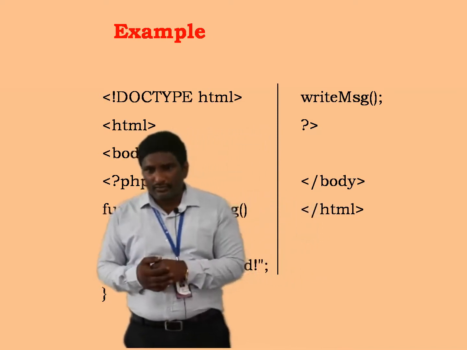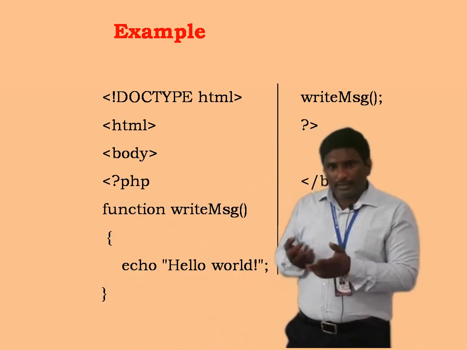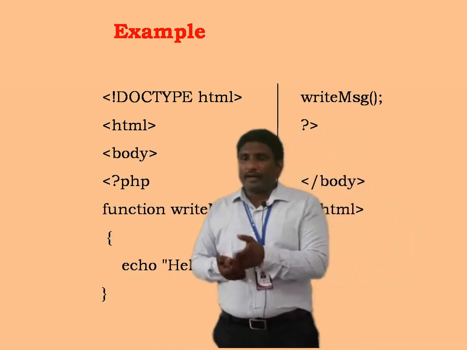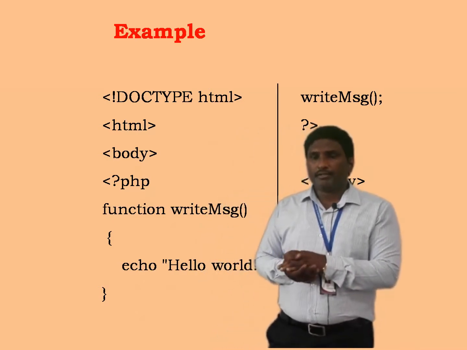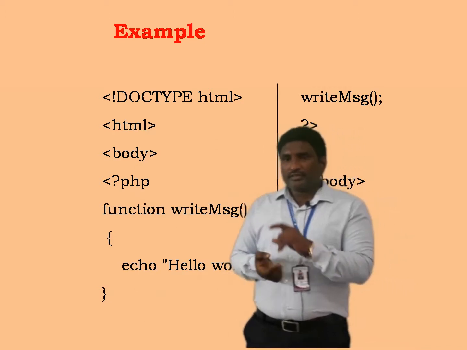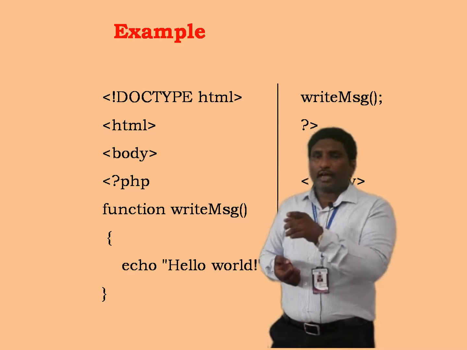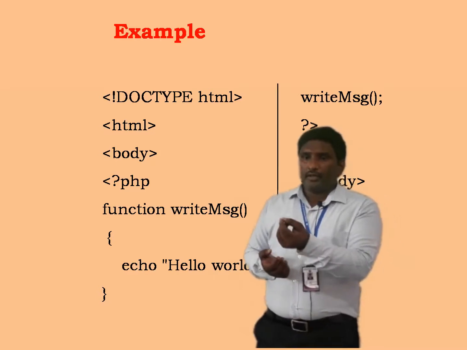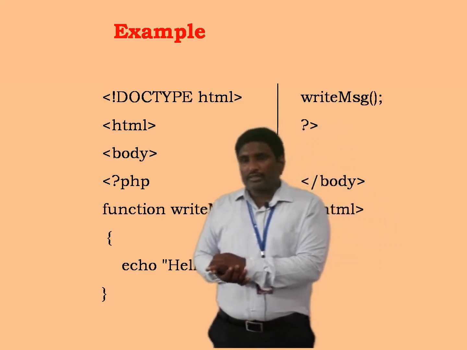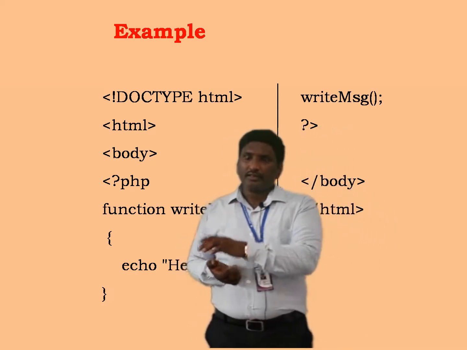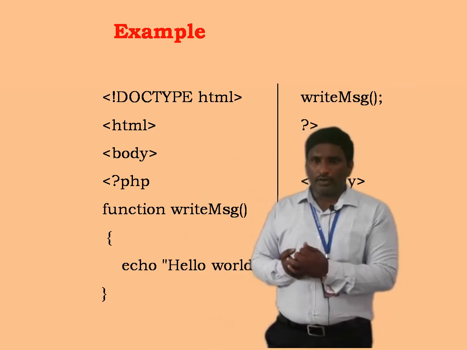This is the convention we generally follow as developers. This function, whenever it is called, will display Hello world. So this is the creation of the writeMsg function, and in the next line I am calling the function with writeMsg. First the creation of the function, then calling the function. If you execute this program, you will get Hello world.